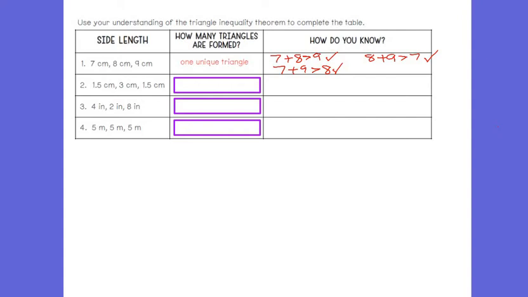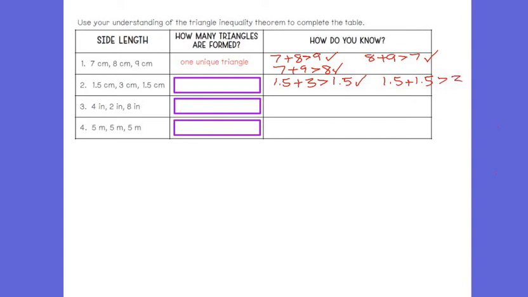All right. Testing number 2. I have 1.5 plus 3 has to be greater than 1.5. Is it? Yes. True. Now I'm going to do 1.5 plus 1.5.